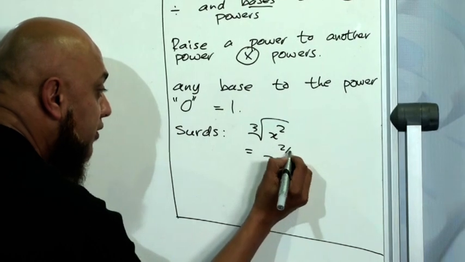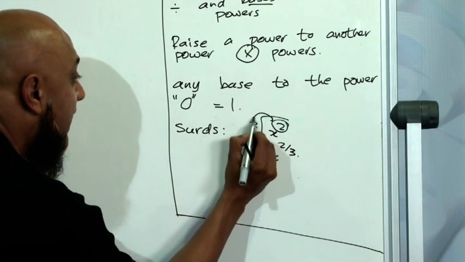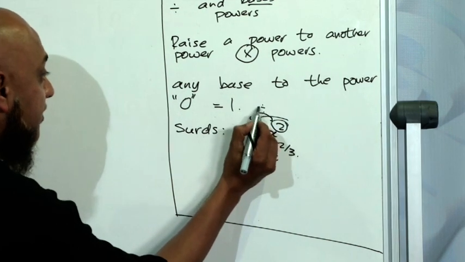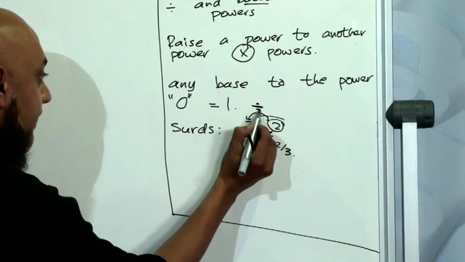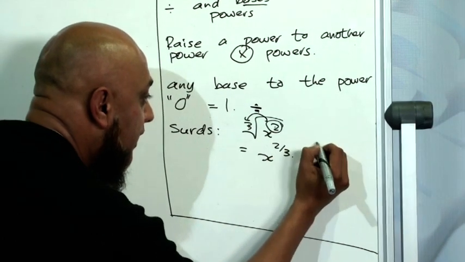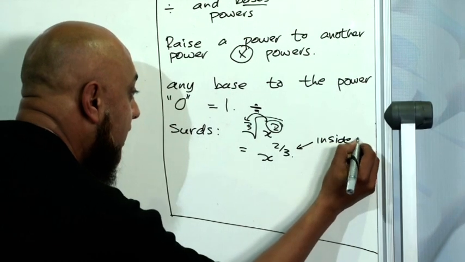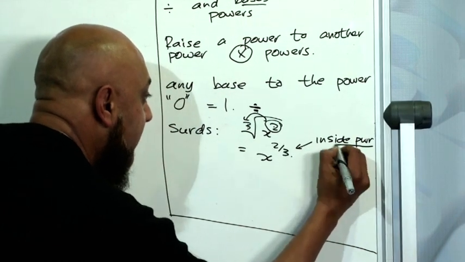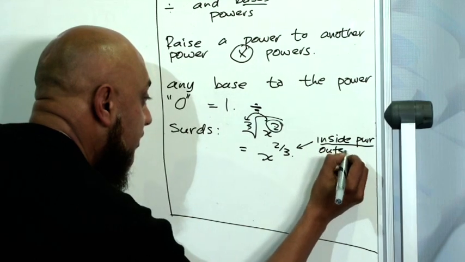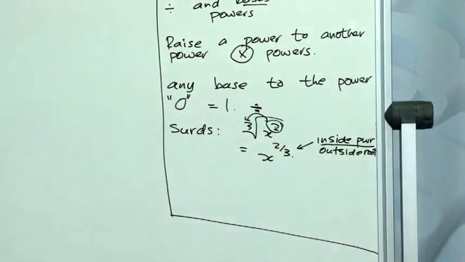It's to the power 2 over 3. You take your inside power divided by your outside root. It's always inside over outside: inside power divided by outside root.